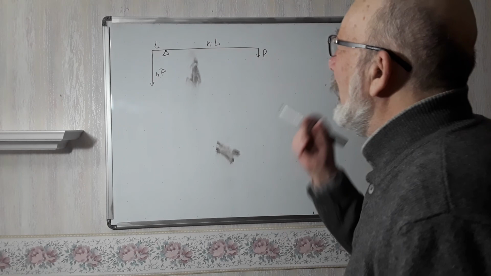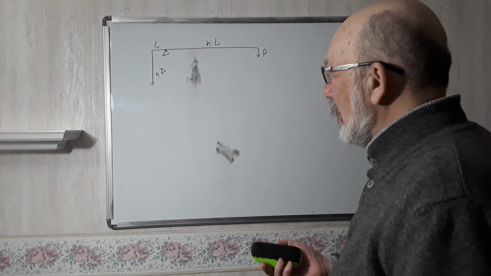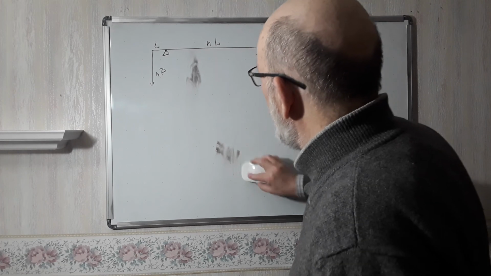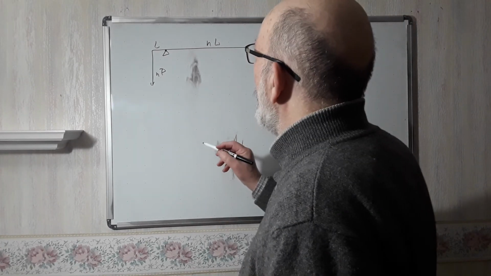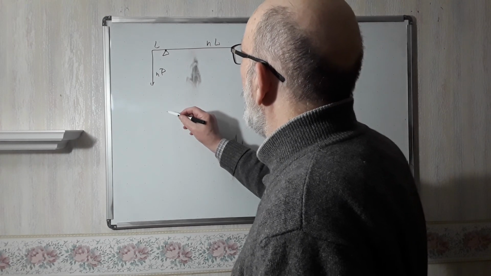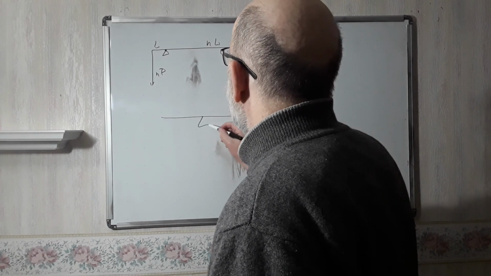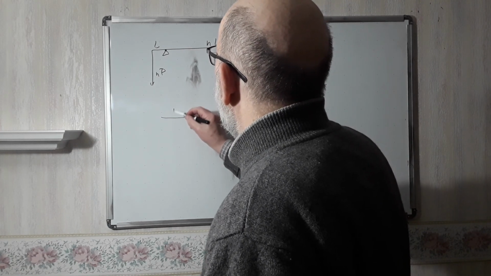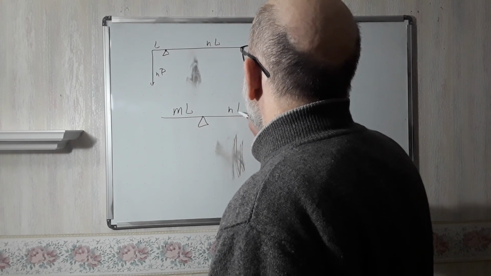Okay, and now one more small effort. What happens if here we have ML and here we have NL?